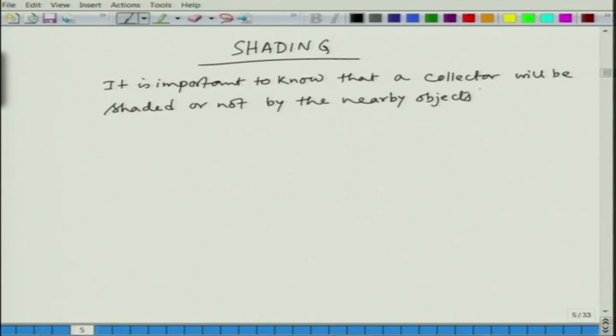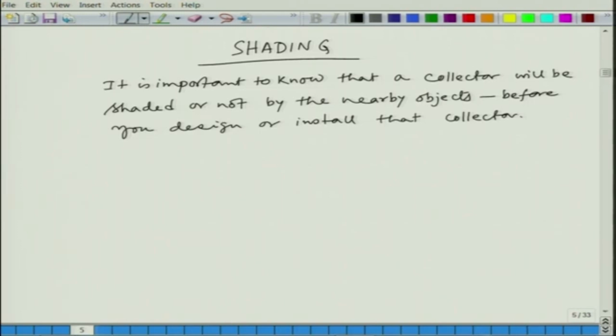Before you even install anything, before you design or install that collector. What I mean? Suppose on your rooftop you are thinking of placing a solar photovoltaic panel.